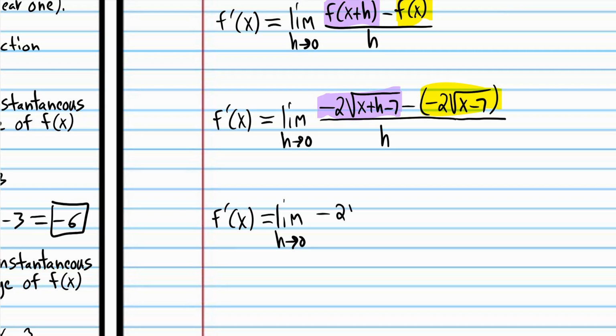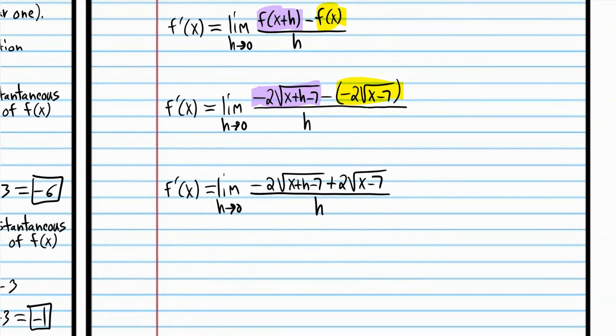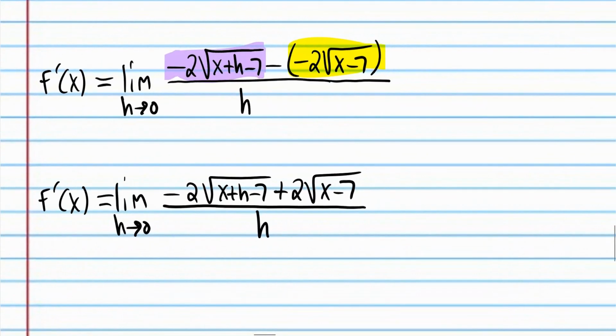So we have negative 2 root x plus h minus 7 plus 2 root x minus 7 over h. And there's not really much we can do at that point without using our special trick. Now at this point you probably wondered, do we multiply by this minus this, or do we multiply by the positive version of this plus this expression?